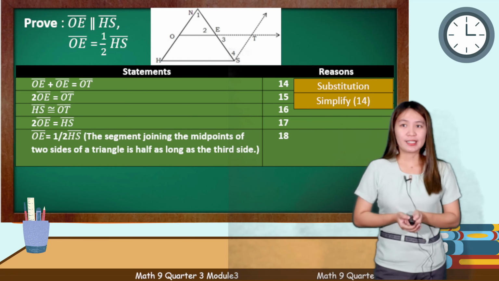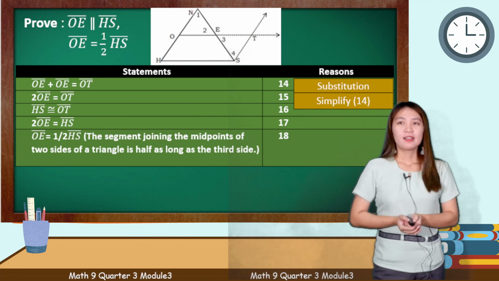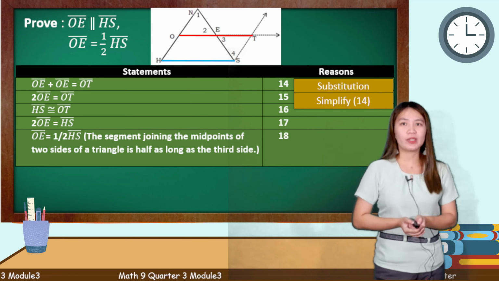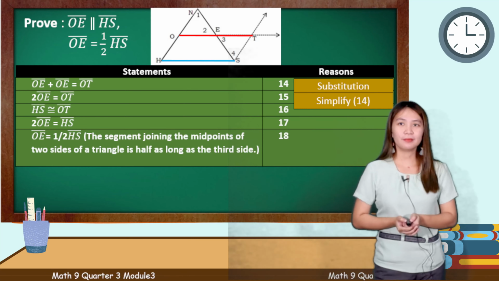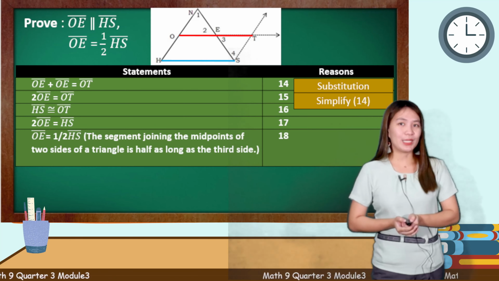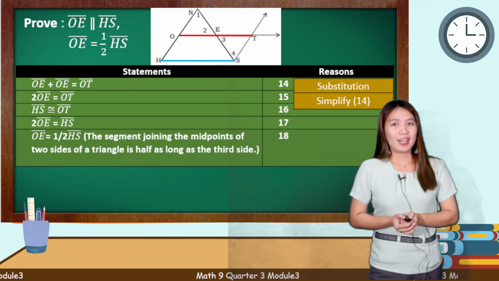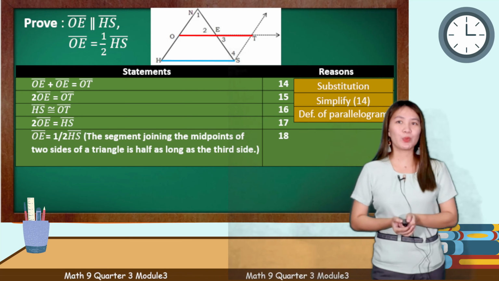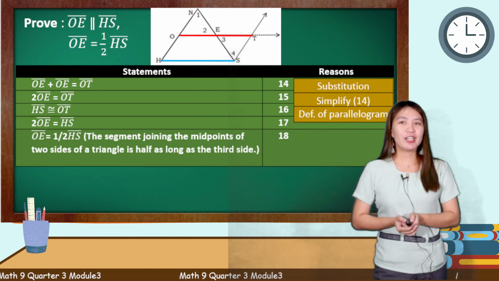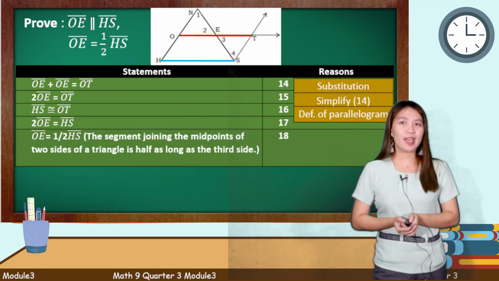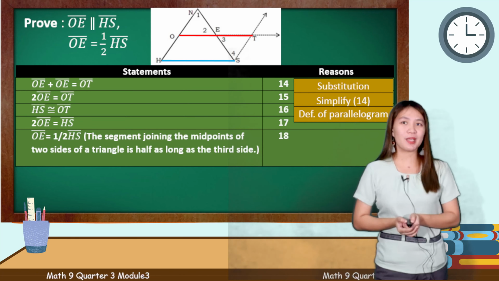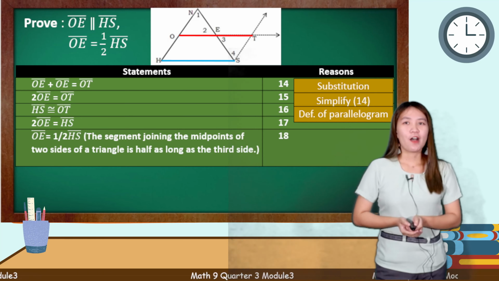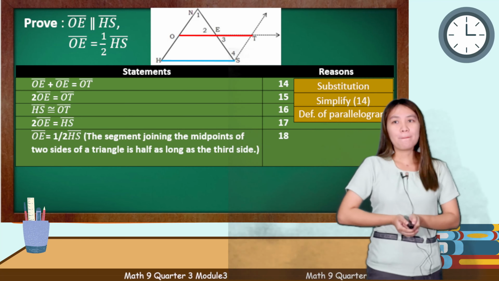And for number 16, segment HS is congruent to segment OT. What is the reason? That is mainly because of the definition of parallelogram. Since we have mentioned earlier that HOTS is a parallelogram, then that means that opposite sides of a parallelogram are congruent and parallel.